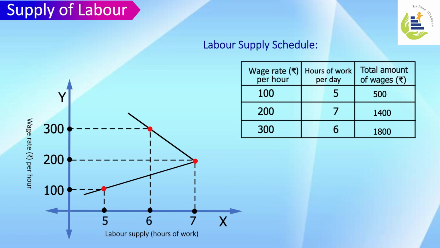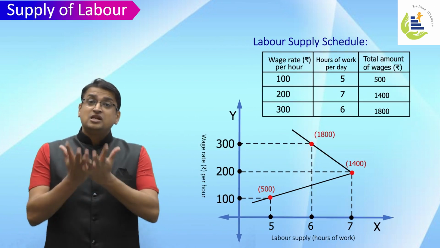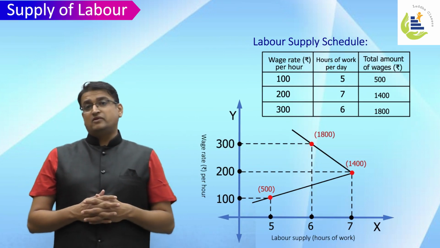So what happens when he is earning 500 rupees at 100 rupees per hour for 5 hours, and 1400 rupees working for 7 hours? Now when he is getting a wage rate of 300 rupees per hour, he is only working for 6 hours. So the number of hours, instead of increasing, shifts backwards. You notice he is still earning more than the earlier level.